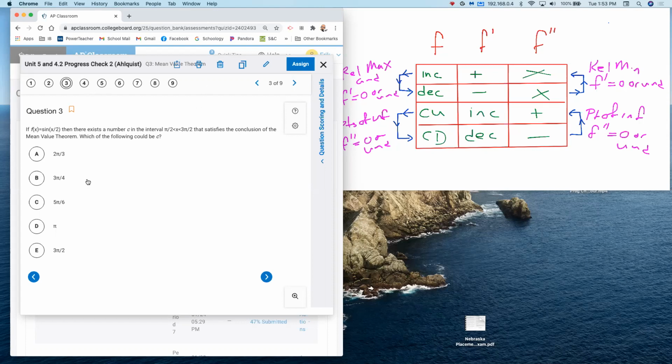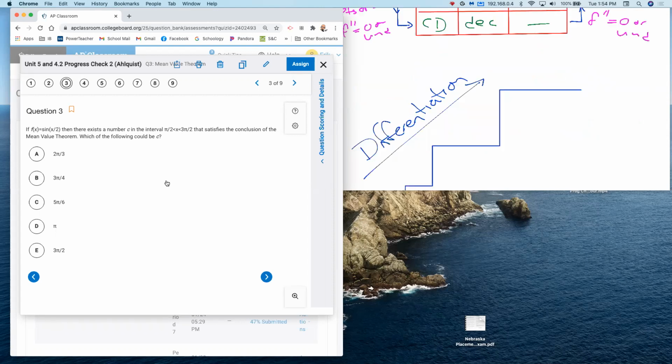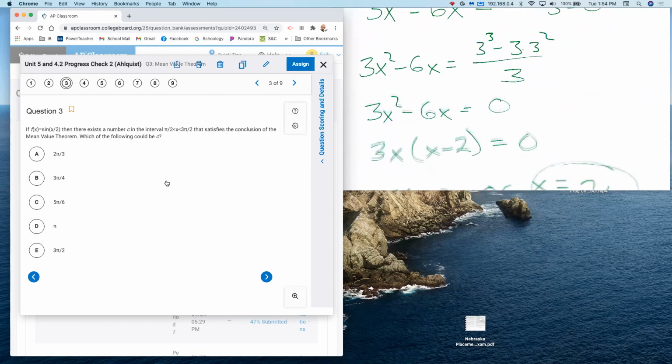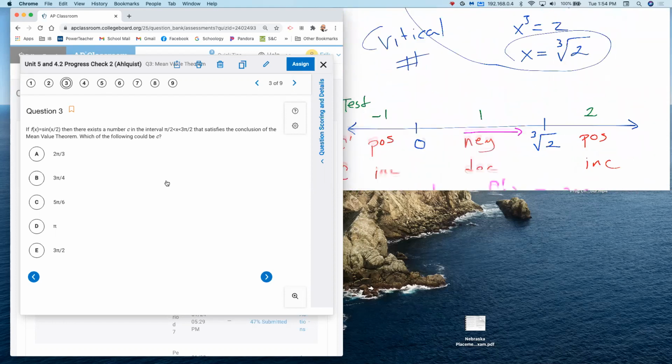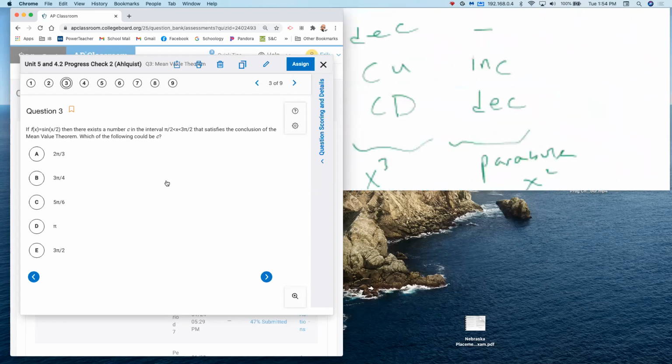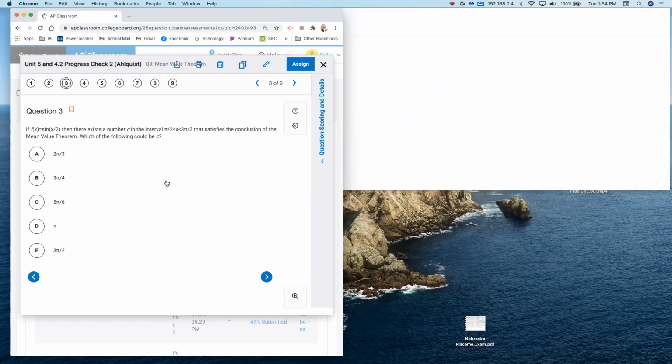So let's look at question number 3. So question number 3 looks like this. Which one could satisfy the mean value theorem? So let me scroll down here to where I can get to a blank page, something like this.